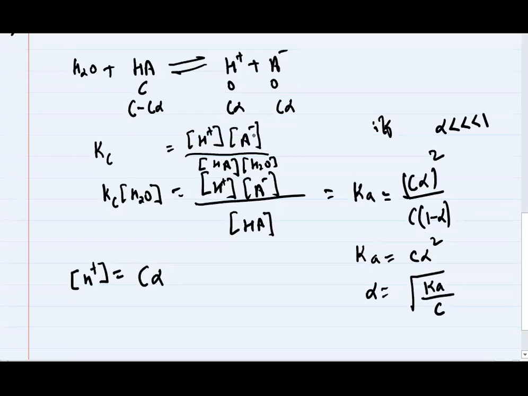If we put the value of alpha, we get C root of Ka upon C, which is equal to root of Ka into C. And we have already studied Ostwald's law of dilution: the degree of dissociation is inversely proportional to the square root of concentration.